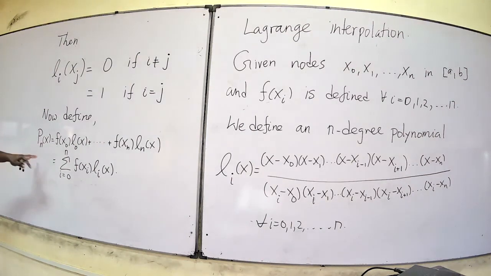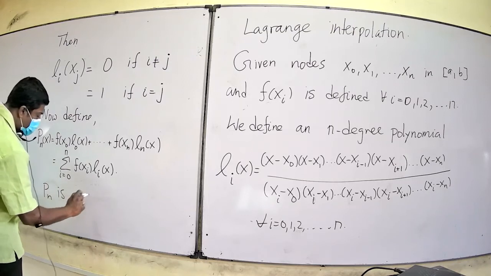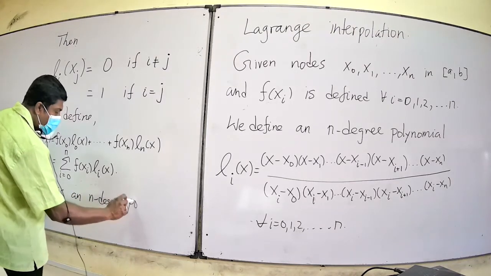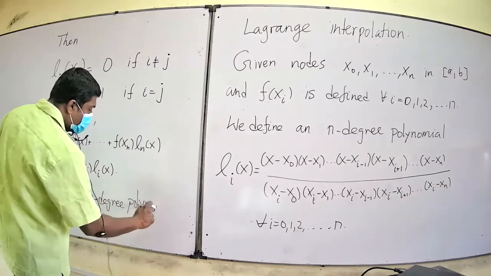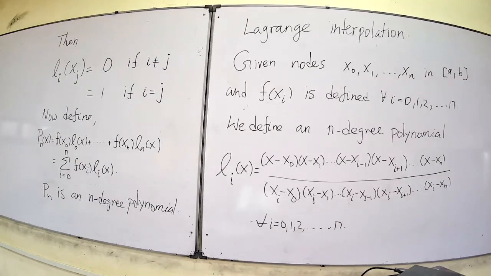If you define a polynomial like this, you know Pn is an n degree polynomial, clearly. Pn is an n degree polynomial.